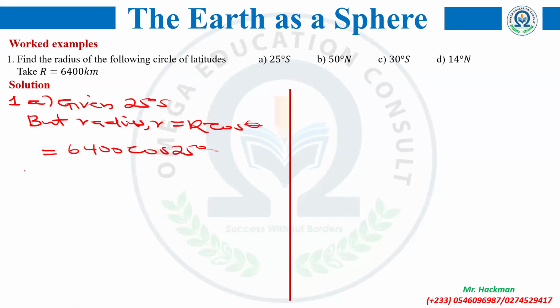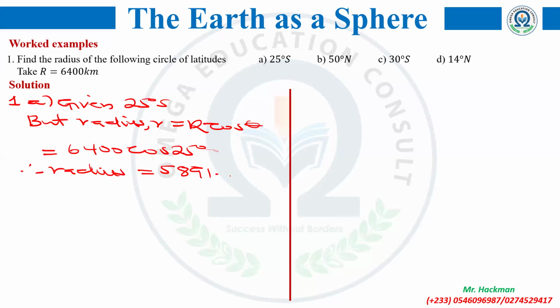Okay, 5,000. I'll write there, we're asked to find the radius. So the radius will be equal to 5,000 800. Is it exact? No, please.